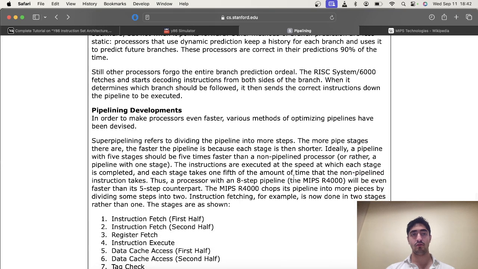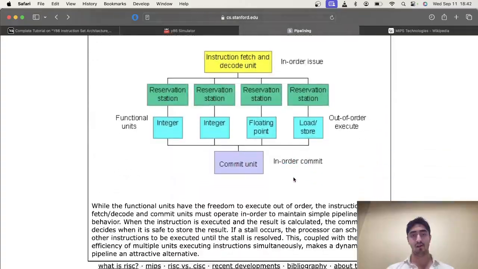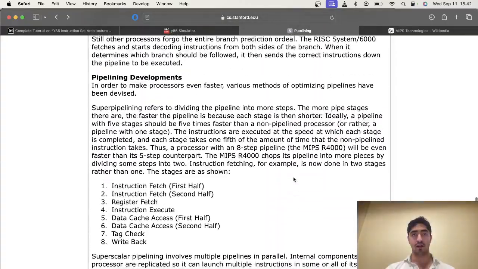In order to make processors even faster, various methods of optimizing pipelines have been devised. Super pipelining refers to dividing the pipeline into more steps.